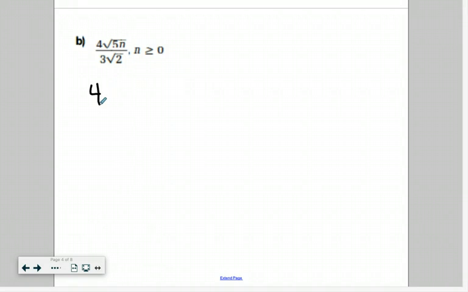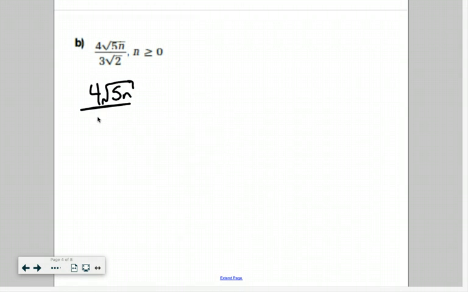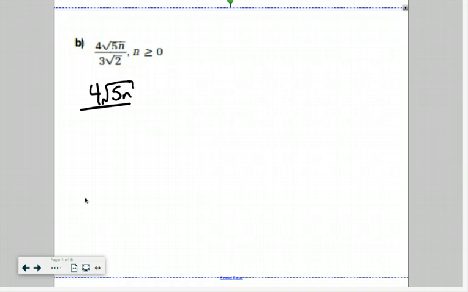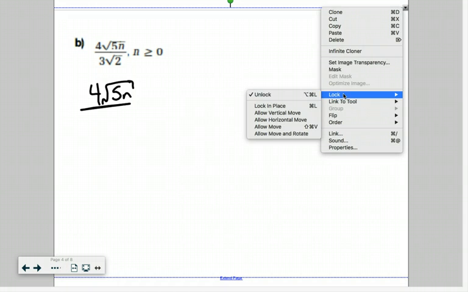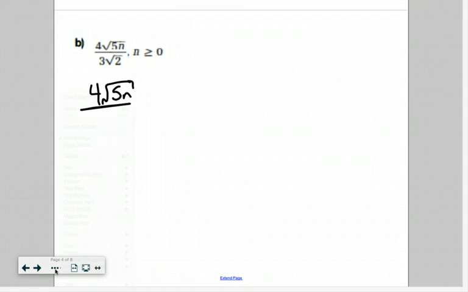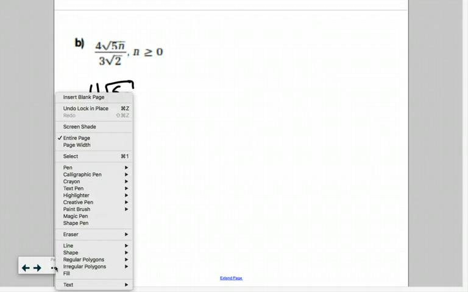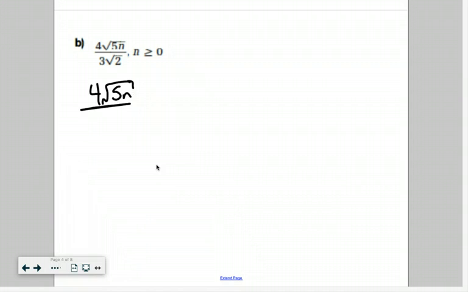So what we would have is this 4 root 5n over 3 root 2, and we're multiplying by a clever form of 1, right?